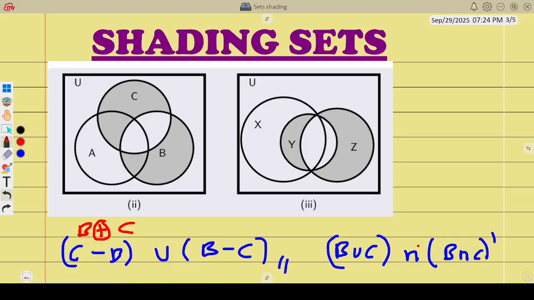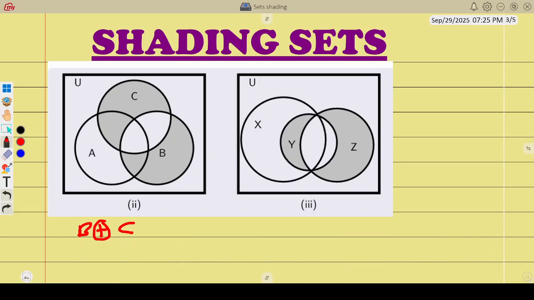Yeah, so now coming to conclusion, let's look at this. How would you describe the shading? So this is just similar to what we've been doing, but just twisted a few things. So how would you describe the shading?